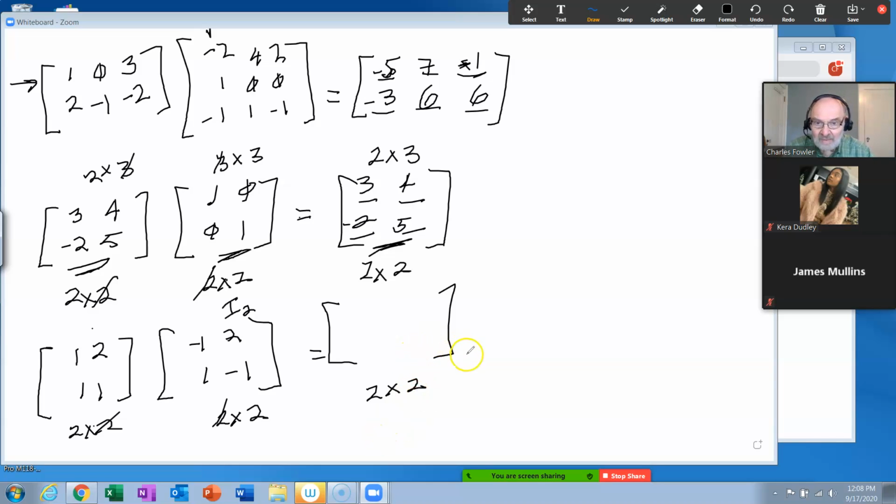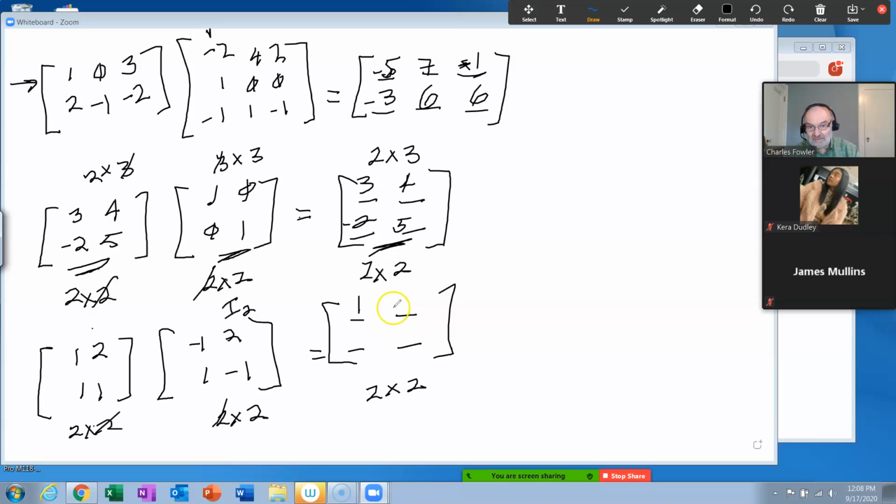Okay, so that means you have 2 rows, 2 columns. For the 1, 1 entry here, you take the first row here, first column there. 1 times negative 1 is negative 1, plus 2 is 1.